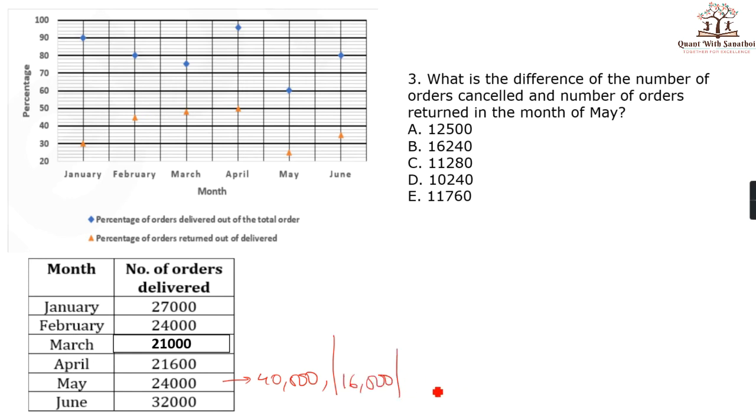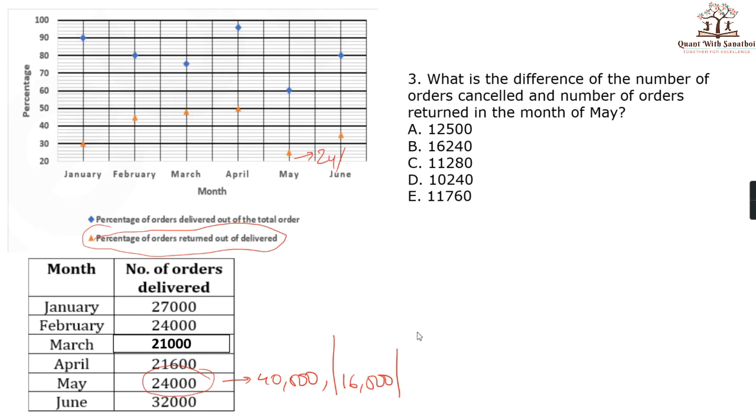Now they have asked the number of orders returned. So here it is, the triangle, the percentage of order returned out of delivered. So out of 24,000, they have returned some percentage. What is the percentage? Here it is, that is 24%. So 24% of 24,000 is how much?